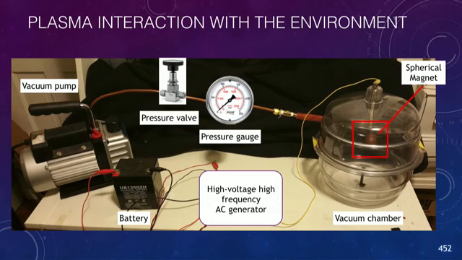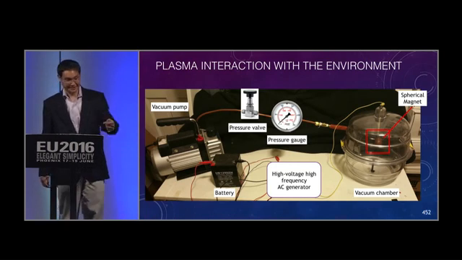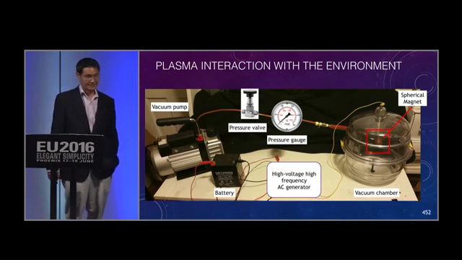And of course, we use a battery, which generates power for the high frequency AC generator. We can also use a DC generator, and it's connected to a magnetic sphere at the center of the vacuum chamber.